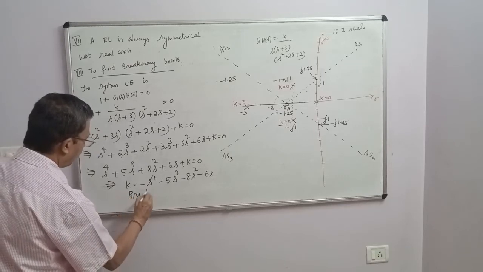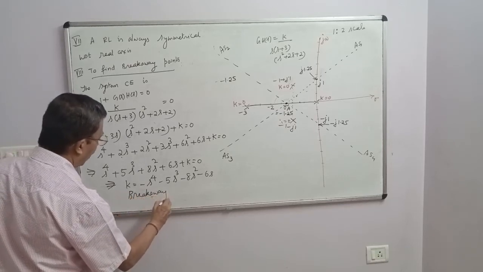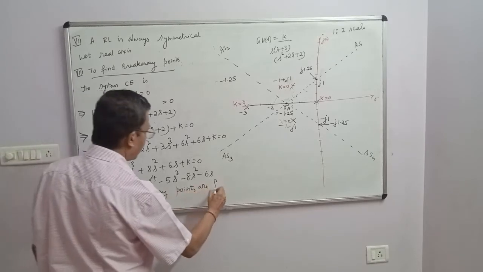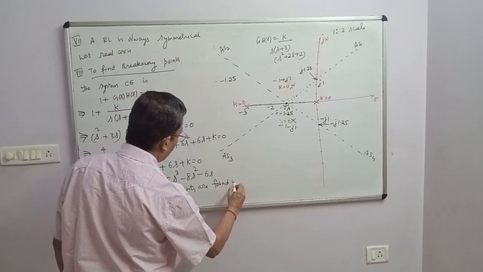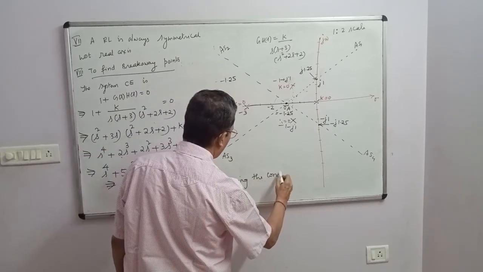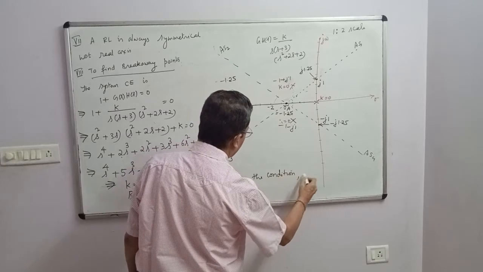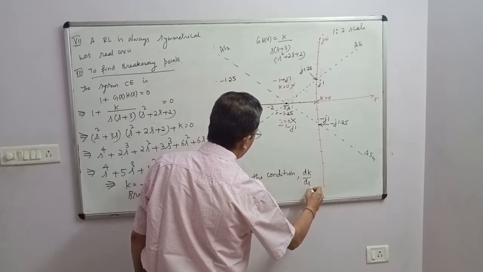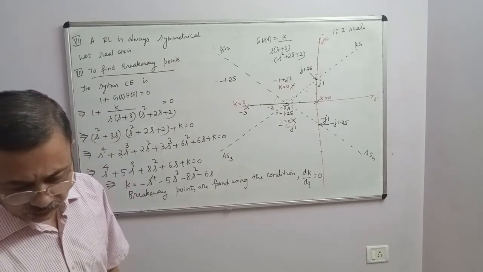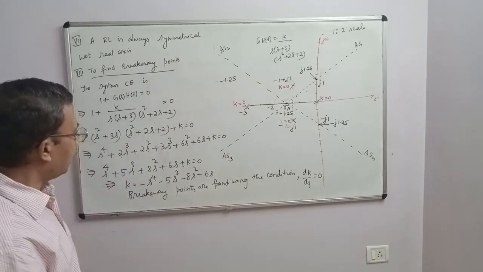Breakaway points are found using the condition dk by ds equal to 0.